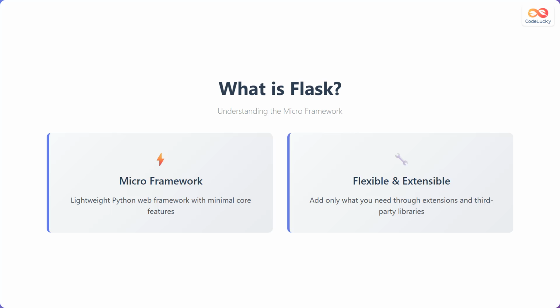Flask's philosophy centers around providing developers with the freedom to choose their tools and libraries. You can start with a minimal application and gradually add features as needed through Flask's extensive ecosystem of extensions. This approach makes Flask ideal for both small projects and large, complex applications where you need fine-grained control over your architecture.